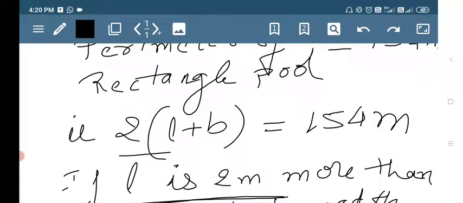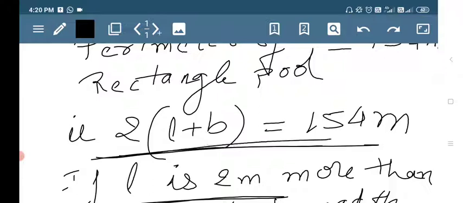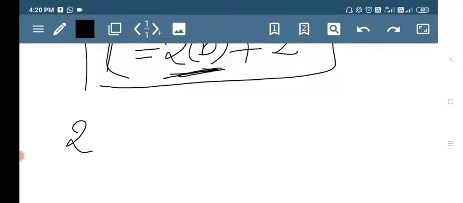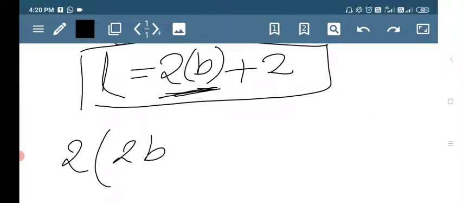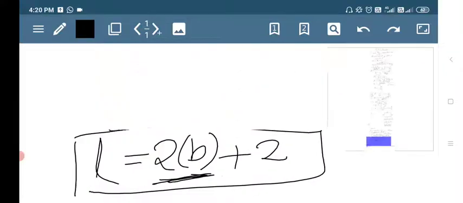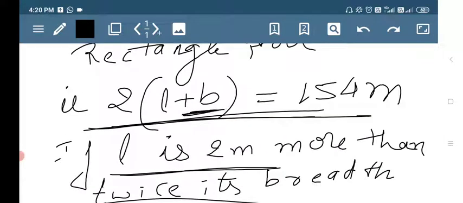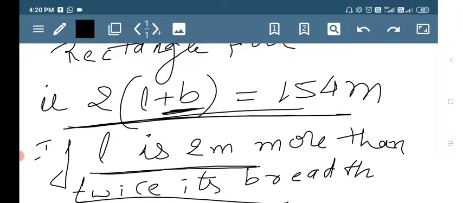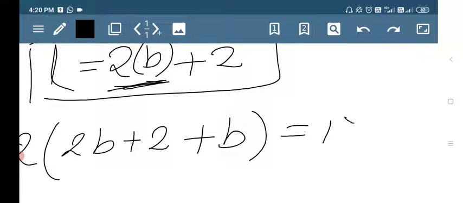So substituting the value of length in the above equation, what we have: 2 of, instead of L we write 2b plus 2, plus b, is equal to 154.